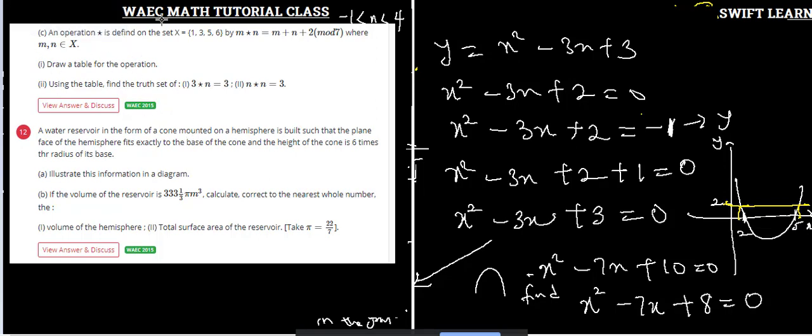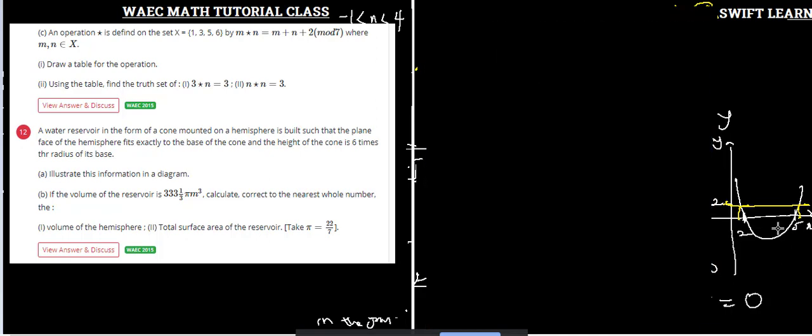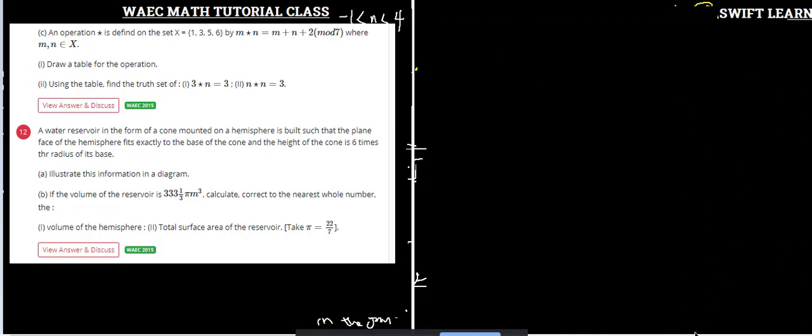We have an operation given on a set. The question says your set X is equal to 1, 3, 5, and 6.